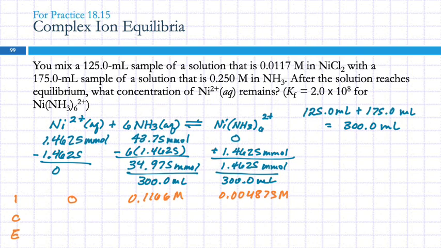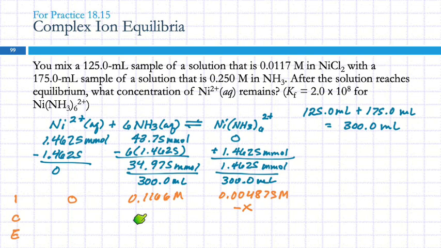Can anyone confirm those numbers? Okay, good. So now we're going to use these concentrations in an ICE table and look at the equilibrium. So we've got our arrow here. This is going to react backwards a little bit. That's going to be minus x.